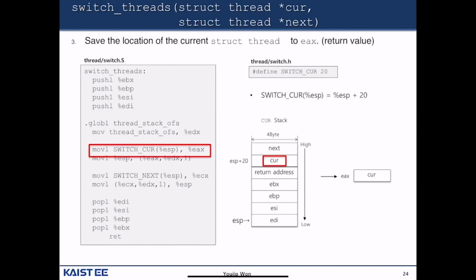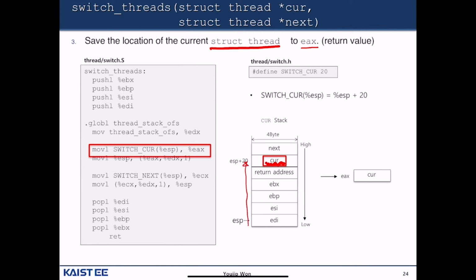The next step is to load the beginning address of the current struct thread to the EAX register. But how do we know the current location of the current struct thread? If you look at the stack, there is a field, cur, that saves the location of the current thread structure, and it is 20 bytes apart from the ESP.